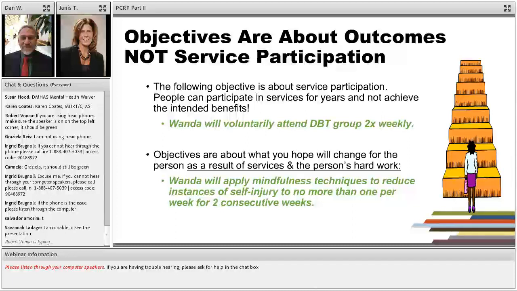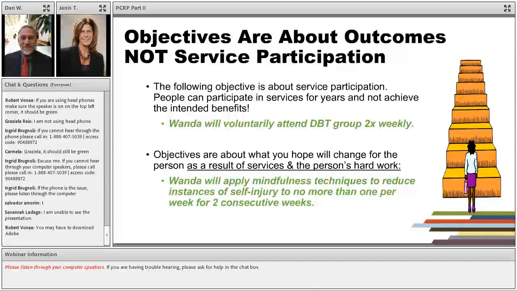So Wanda's going to attend DBT, Wanda's going to meet with a psychiatrist, Wanda's going to participate in case management 2 times a week. Case management, psychiatry, DBT, those things are an important part of the plan, but they are interventions, okay? And attending those things does not in and of itself guarantee that Wanda's going to make progress.